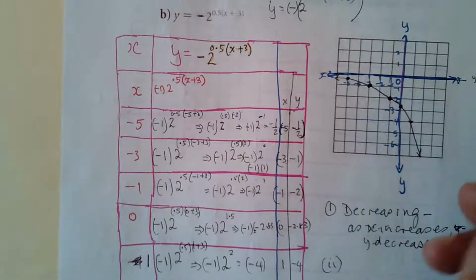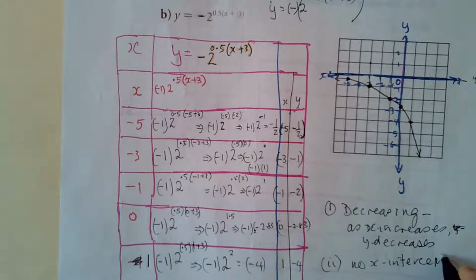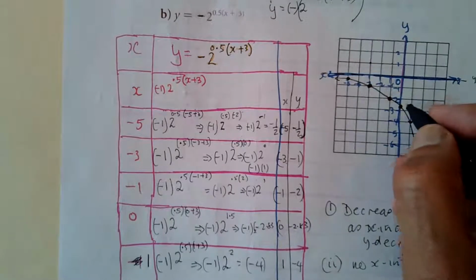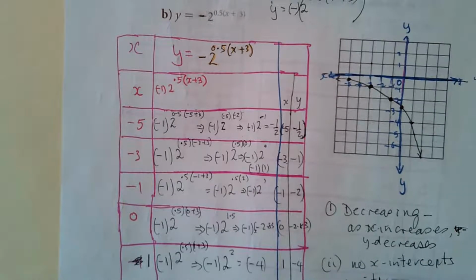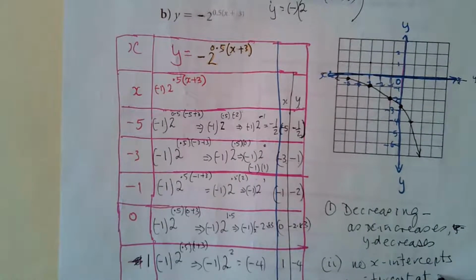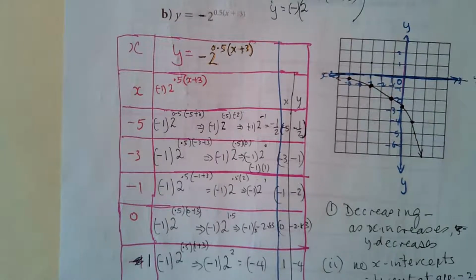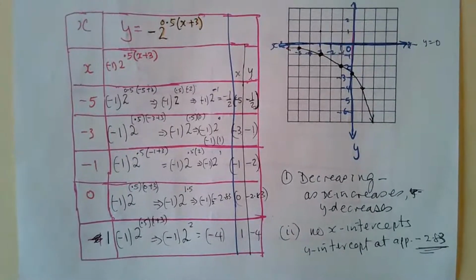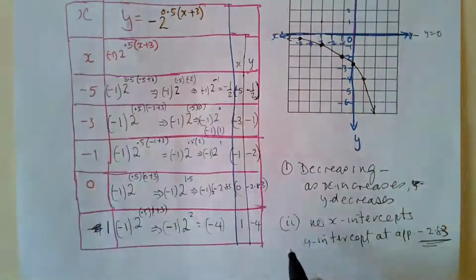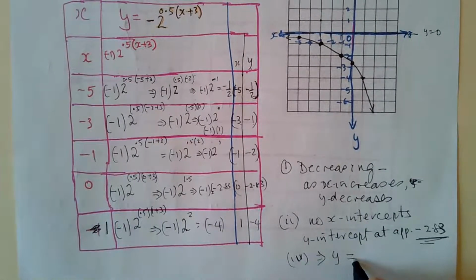There's no x-intercept, but there's a y-intercept at approximately -2.83. The equation of the asymptote is y equals 0.